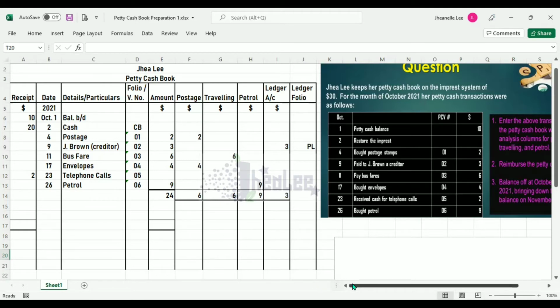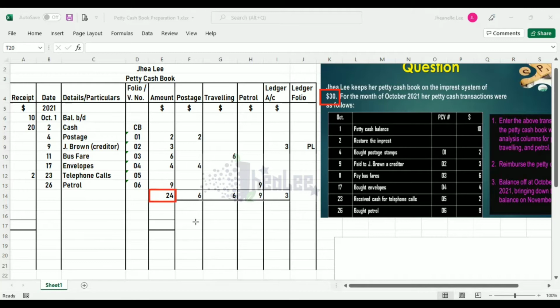So here we go, looking at part 2, where we are asked to reimburse. Bear in mind that the float, which is the imprest on which the system is being operated, is $30. That is very important. You need to bear that in mind. Now, from what we have seen from the amount column, which represents the spending, the petty cashier has spent $24.